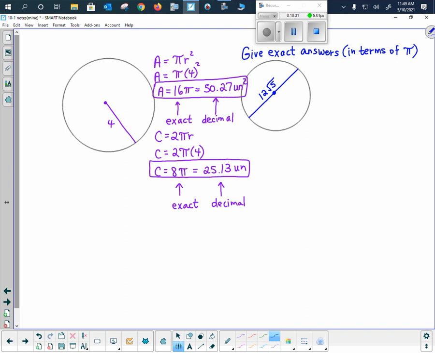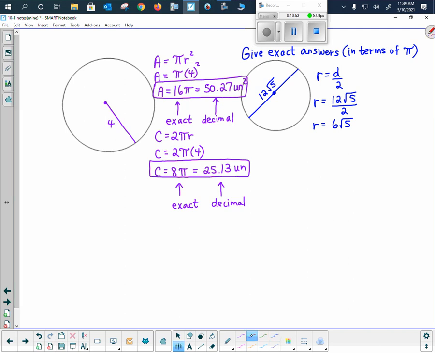So if R is the diameter over 2, well, then the radius is going to be the diameter of 12 root 5 divided in half. So R would be 6 root 5. Okay, so keep that in mind. You're going to need that.